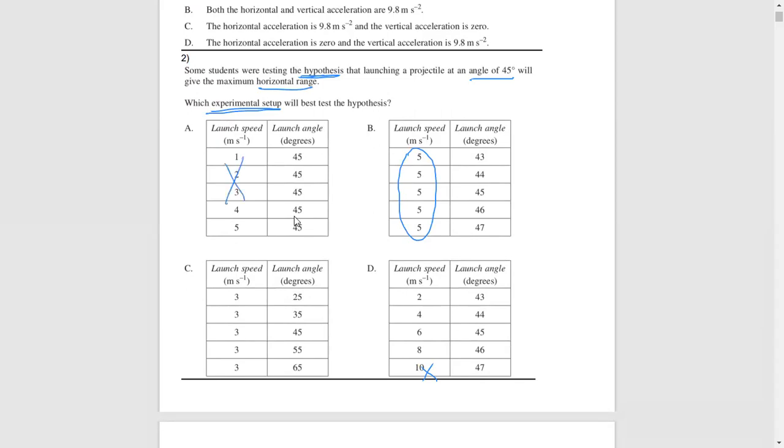Now, both of these in some ways are suitable, but it says best test the hypothesis.